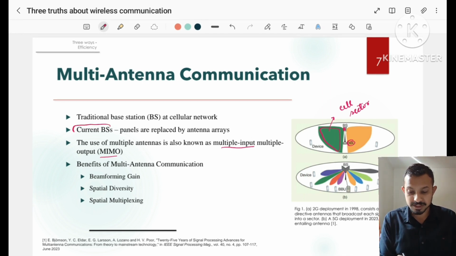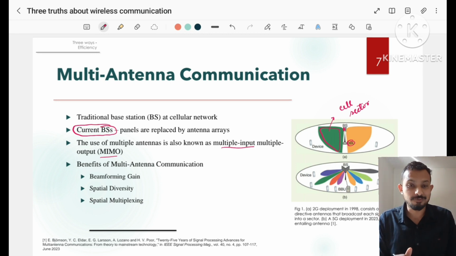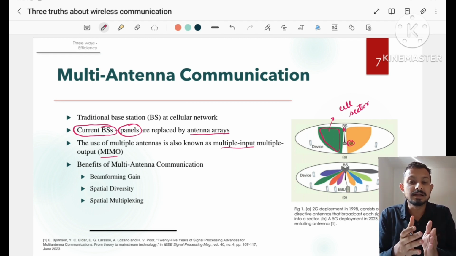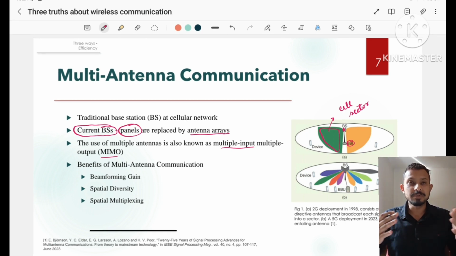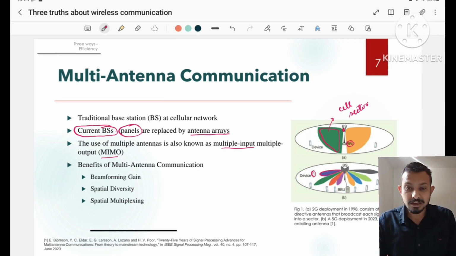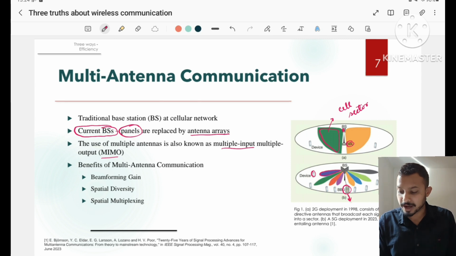But now in the current base stations, for example in 5G and 4G, these panels have been replaced by antenna arrays. Antenna arrays result in radiated beams that can be narrow both horizontally and vertically. For example, this is a beam that is projected towards the ground user and is very narrow. And all these beams are individually controlled by the baseband unit.